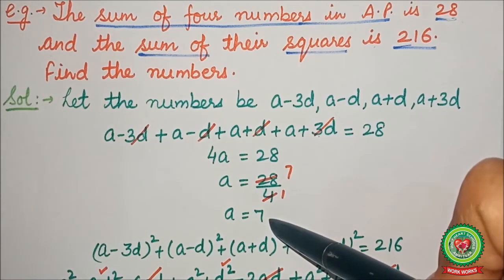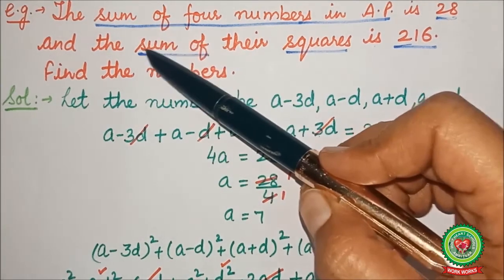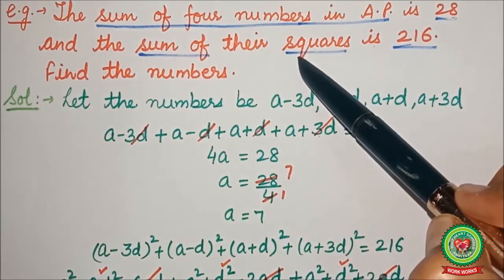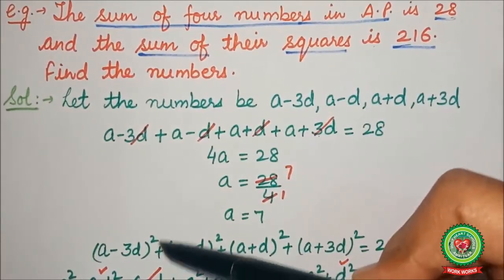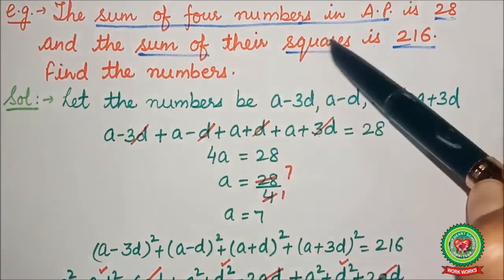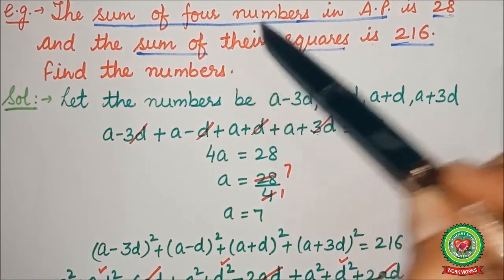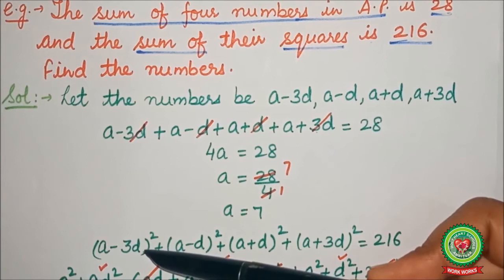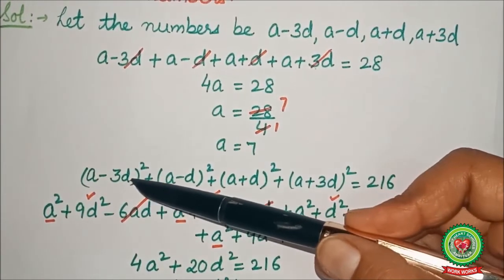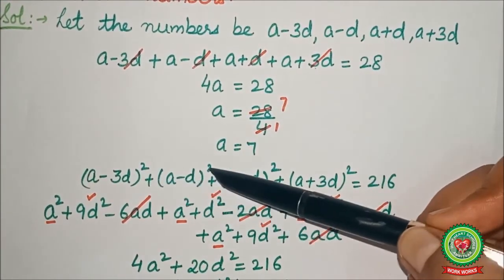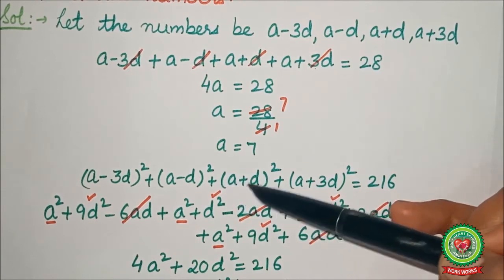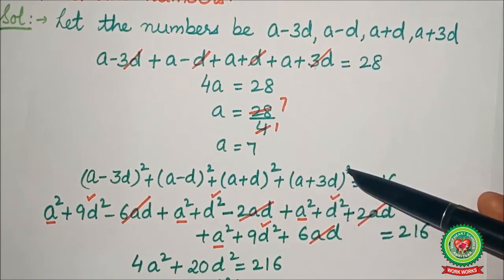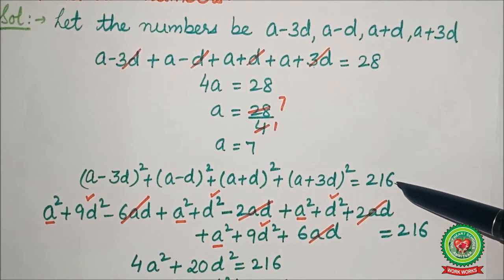Now look at the second condition. Sum of their squares. Squares means we have to square each number. It is 216. We have to find the numbers. So apply the second condition. a minus 3d whole square plus a minus d whole square plus a plus d whole square and a plus 3d whole square is equal to 216.